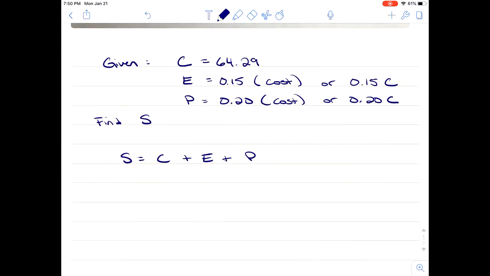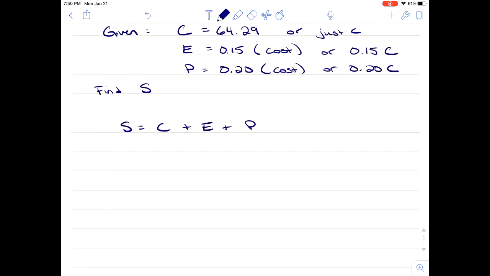So what I'm going to do is keep these C's, even that top one, I'm just going to keep it as a C, just so I only have to plug in my C once. And you'll see what I mean.